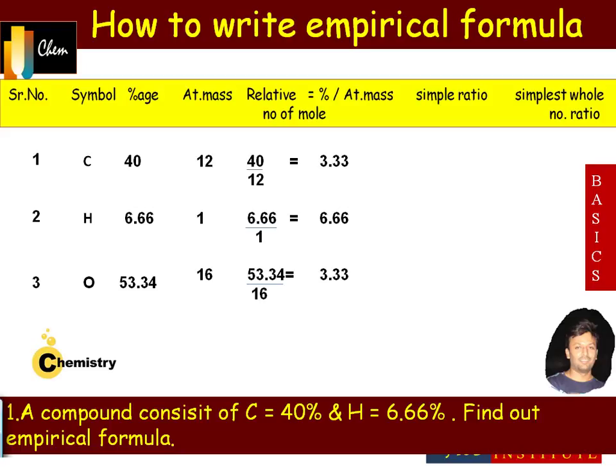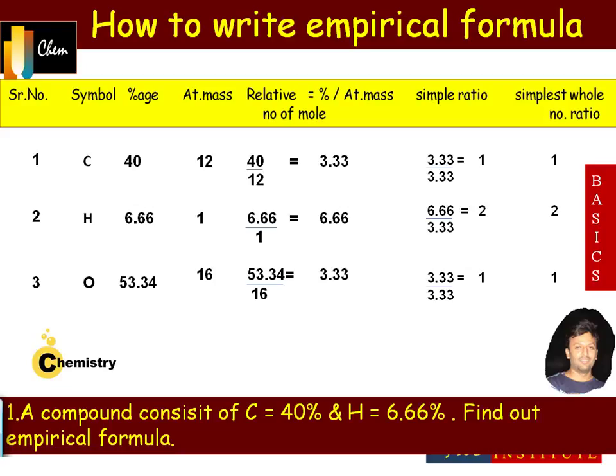So divide all the quantities by 3.33. So the simple ratio is 1 to 2 to 1. Now the simplest whole number ratio. We find out the simplest whole number ratio only when the simple ratio is in fraction. Now in this case it is not in fraction, so it is the simplest whole number ratio.